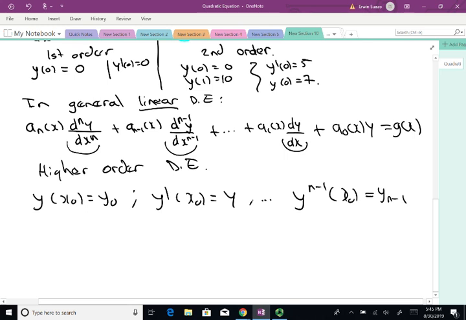So these are n conditions because I started at 0. That could be a possibility. And remember, I'm using this notation: y^(n-1) means the (n-1)-th derivative with respect to x.